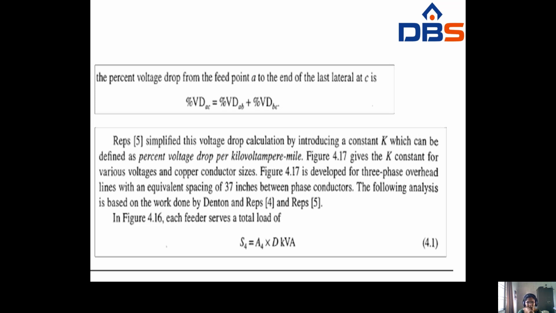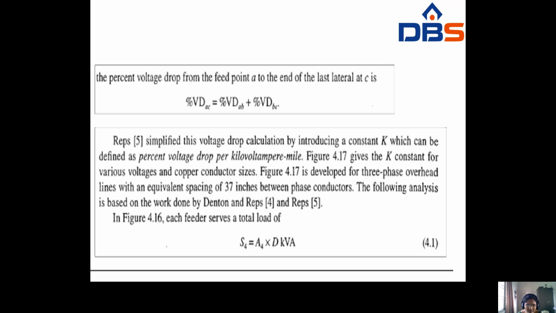So the equation gives the various voltages and copper conductor sizes. The equation is developed for three-phase overhead lines with equivalent spacing of 37 inches between phase conductors. The following analysis is based on the work done by Denton and Reps.